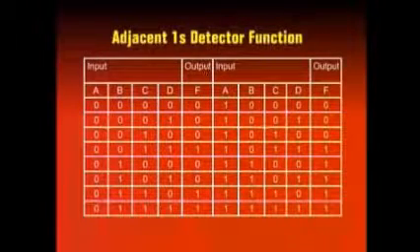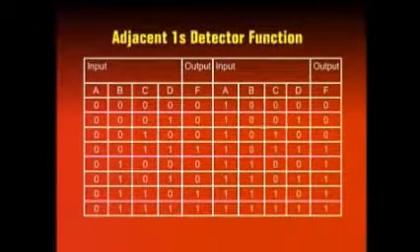The adjacent 1's detector circuit accepts a 4-bit binary input and generates a 1 output when it detects a combination of 2 adjacent 1's. The function table shows the 16 possible input combinations and the corresponding outputs. Thus, for the input combinations 0011, 0110, 0111, 1011, 1100, 1101, 1110 and 1111, the output function is a 1.